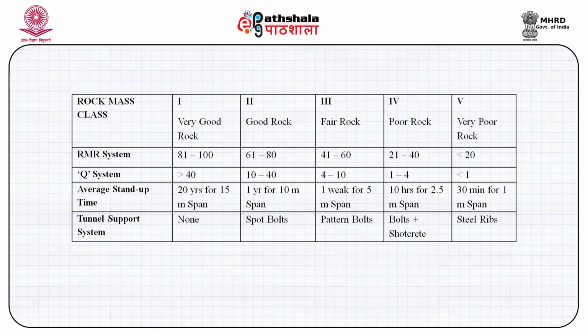Then this kind of rock mass has an average stand-up time of 20 years for a 15-meter span. That means for a 15-meter span there is no need of any support because the stand-up time is very large. But if you have good rock condition, where the RMR value is 61 to 80 and the Q system value is between 10 to 40, then the 10-meter span has a stand-up time of only 1 year.